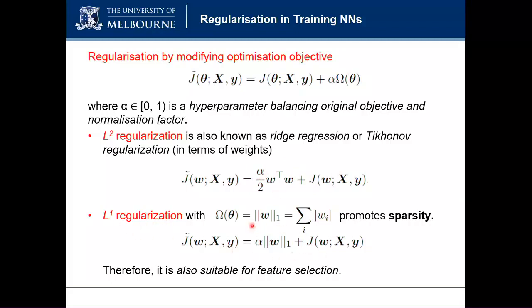Or I can do L1 regularization, which is the L1 norm, the sum of the absolute values of the weights, and that term promotes sparsity, as we discussed before. If you want to promote sparsity, that actually is a good idea.